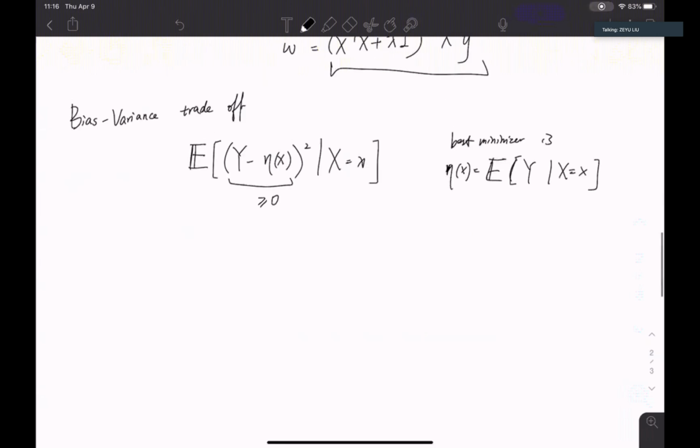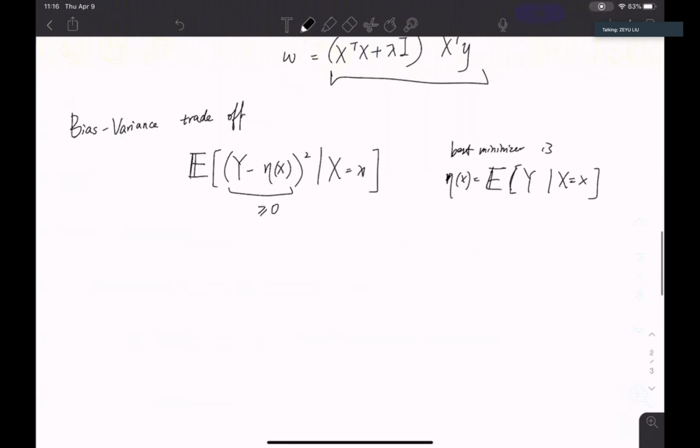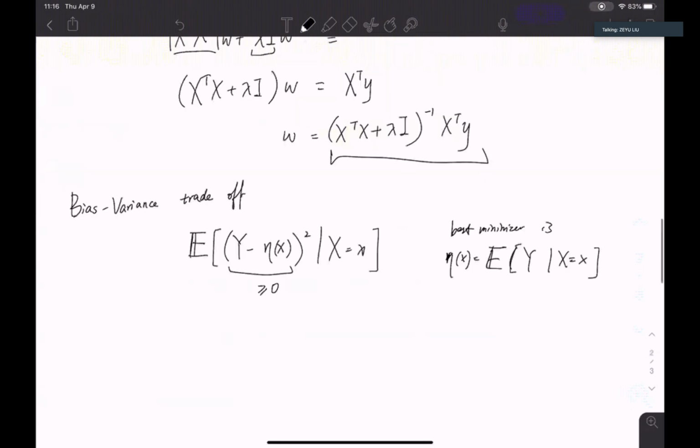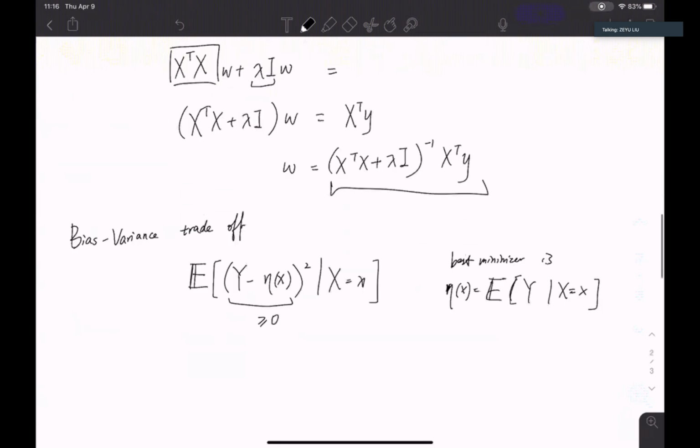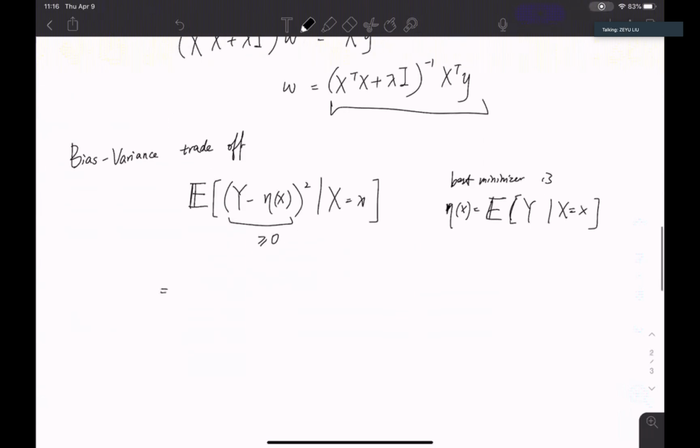But we can use a similar derivation and calculus trick that we used before. Let's put it this way.